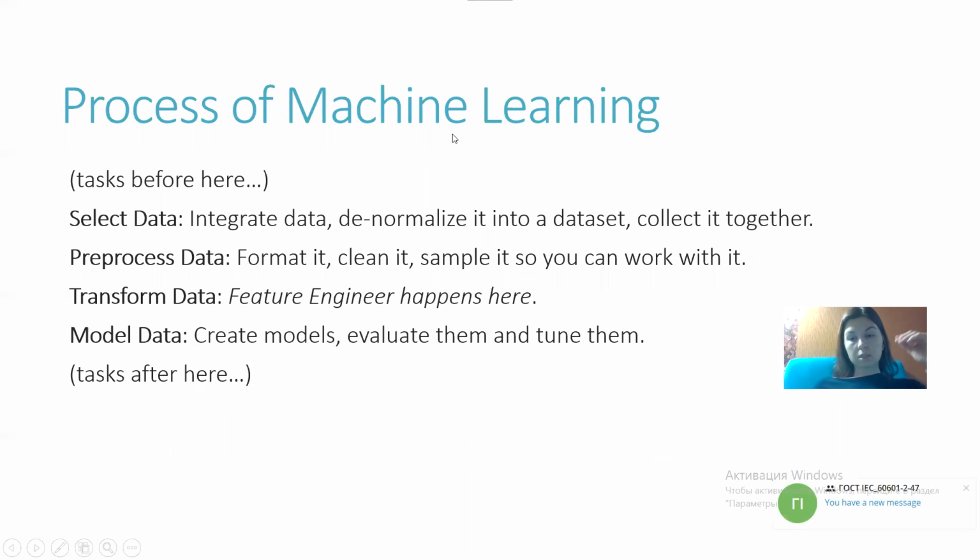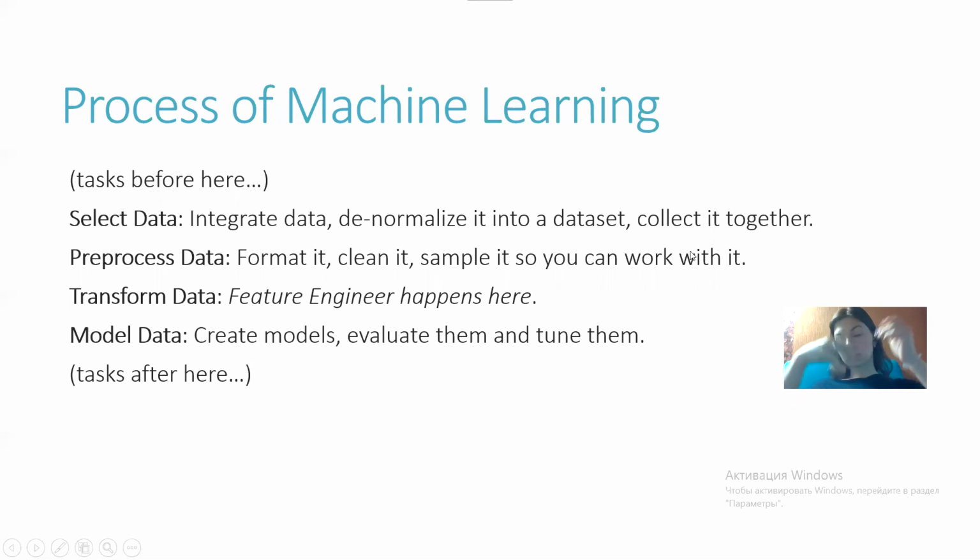The whole process of machine learning consists of several stages. You have some tasks. You start with data selection, integrate data, then normalize into a data set, collect it together.